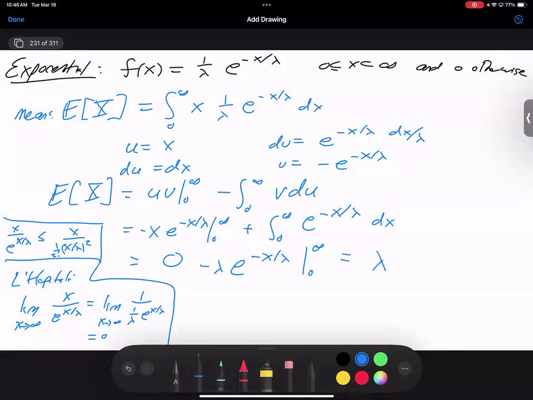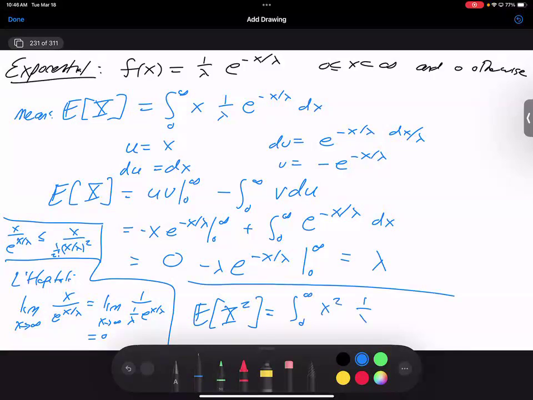Do you think you could calculate the integral of x squared times the density? Do you think you could calculate the second moment? So if I gave you the expected value of x squared, the integral from 0 to infinity of x squared, 1 over lambda e to the negative x over lambda dx, what method would you use to calculate that?